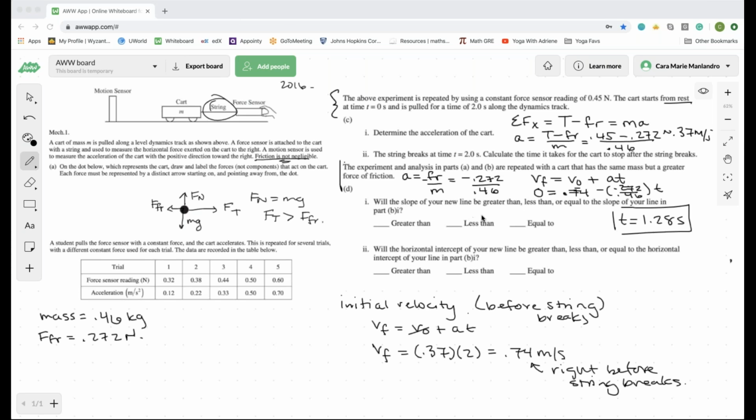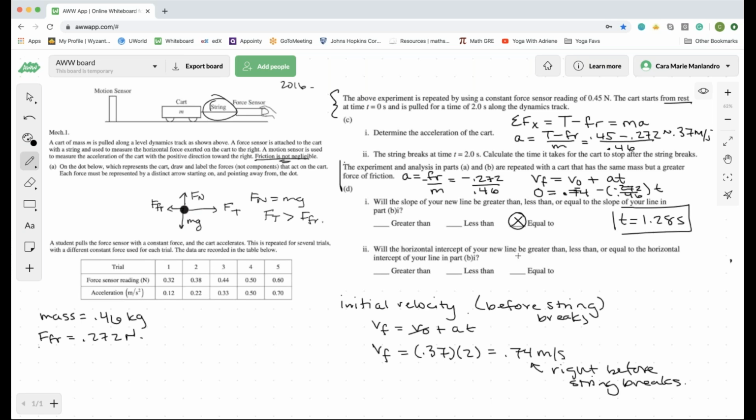It's the same, but why is it the same? That's right. Because the force sensor reading is taking into account the force of friction.